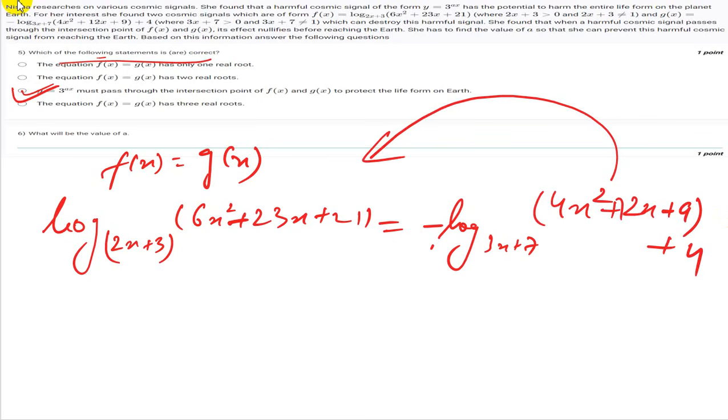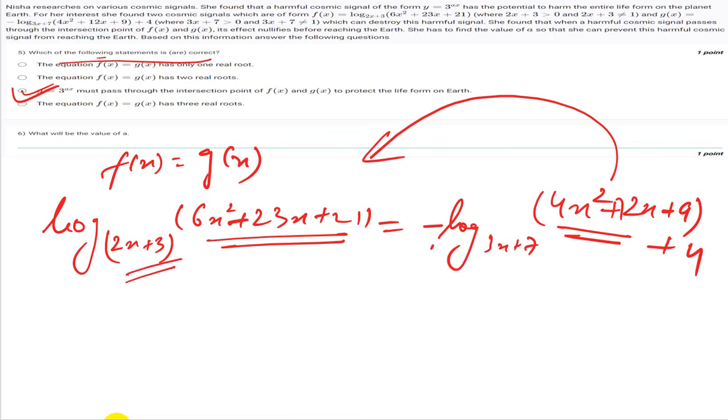Put it here and then factorize this and this. And after long calculations and factorizations, you will get 4, no, not 4, I think you will get 5 values of x.